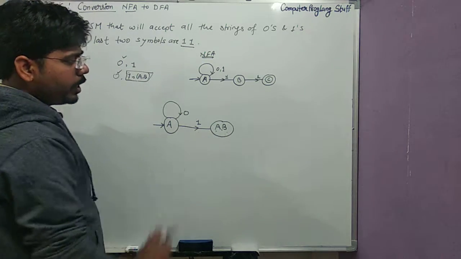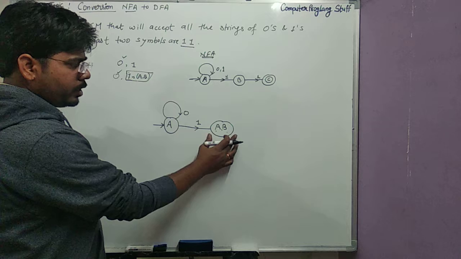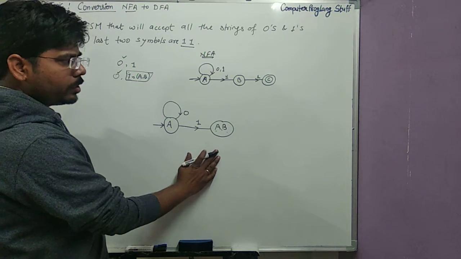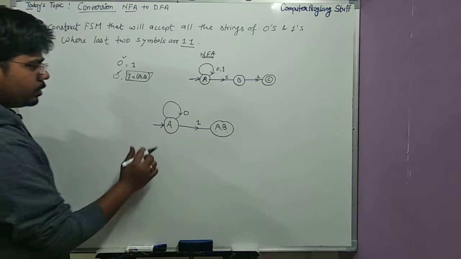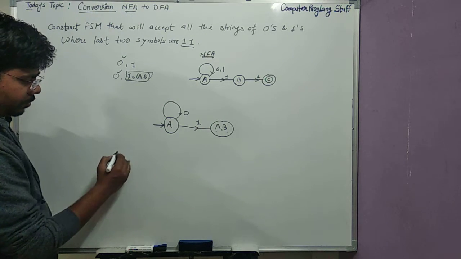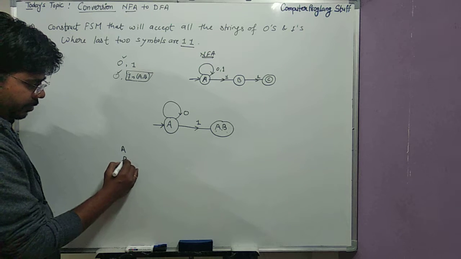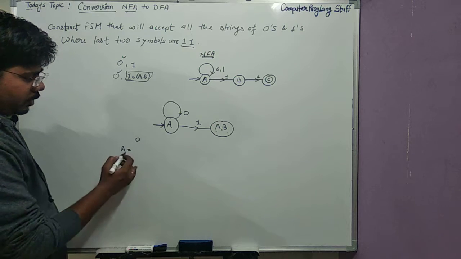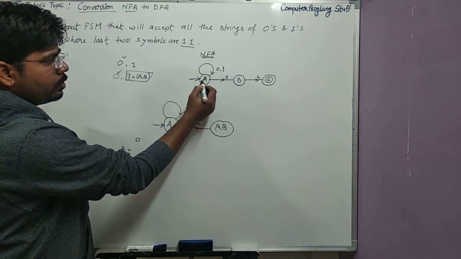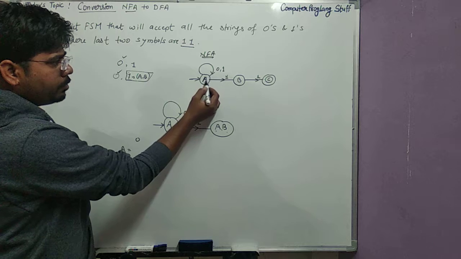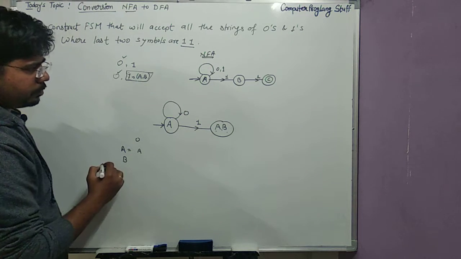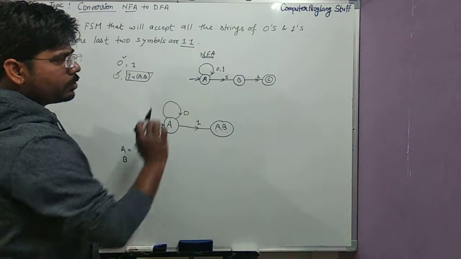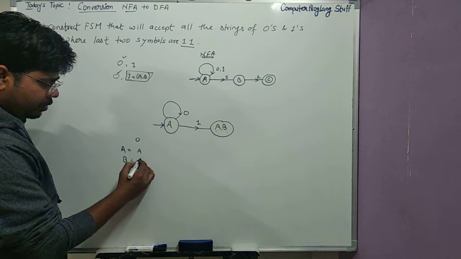Now look at this new state. In this new state again you have to do the transitions. Now how can you do the transition here? First from A and then B, for 0. From A, for the 0 transition you will have A, and from B you have no transition for 0, so you get phi.